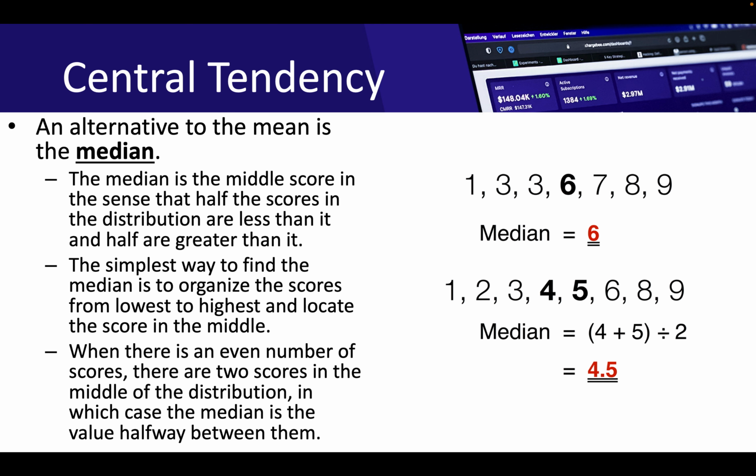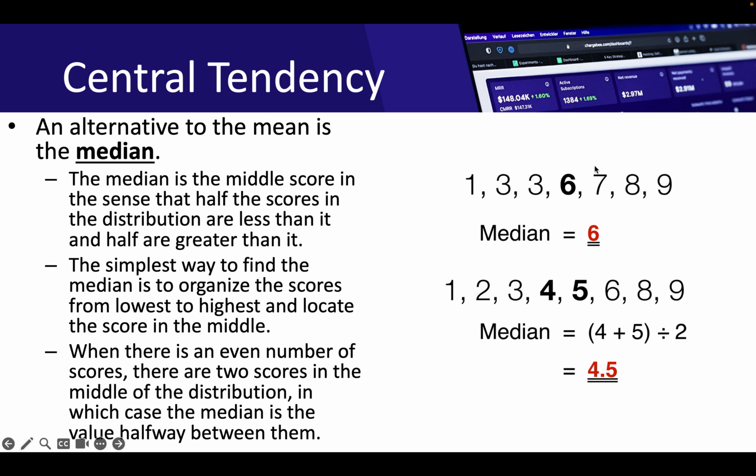It would be 5 something. 5 and 2/7 would be the mean, I'm sorry. But the median is 6, of course.